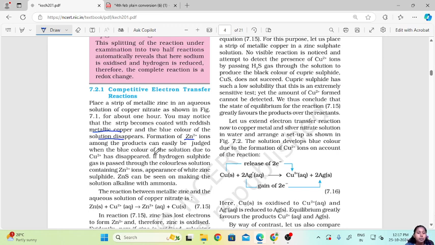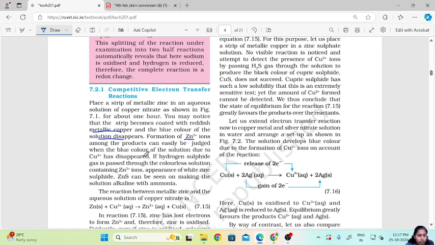When the blue color of the Cu2+ solution disappears, it indicates the formation of Zn2+ ions.